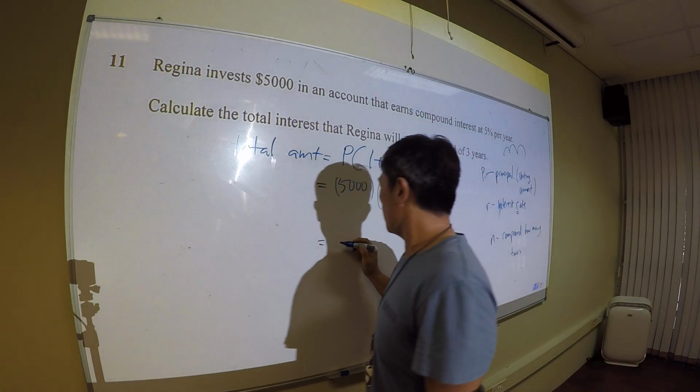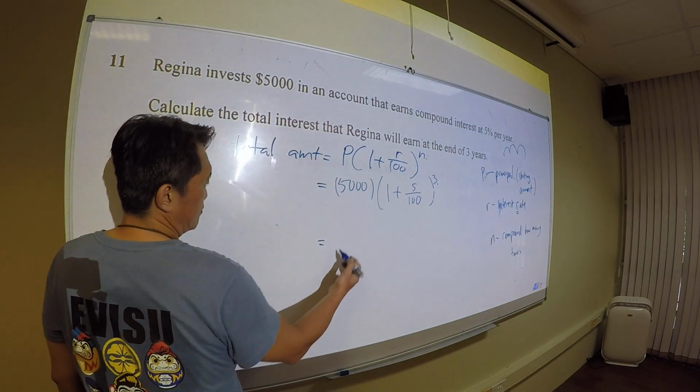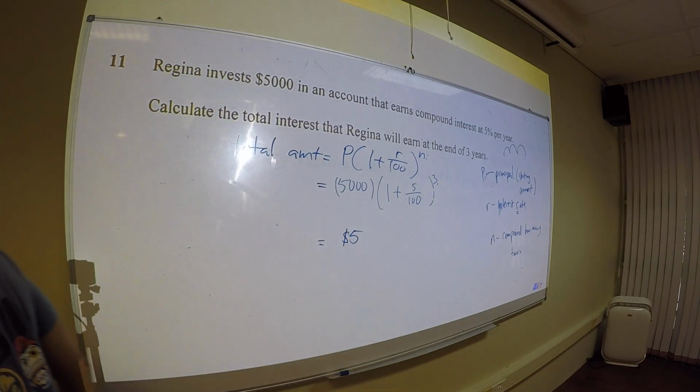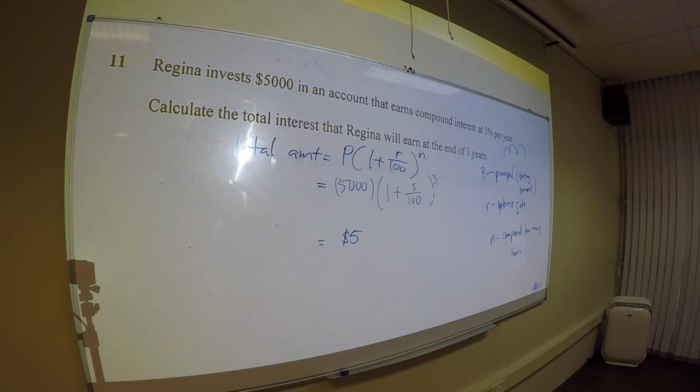Key into the calculator, let your calculator do the job. It will tell you 5,788.13.